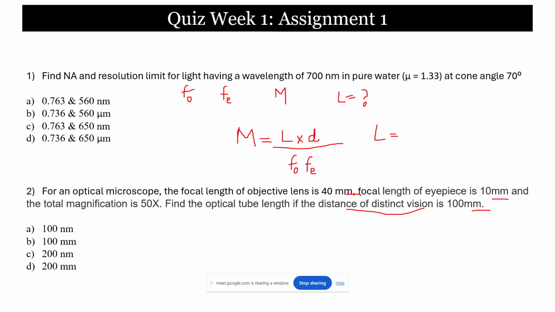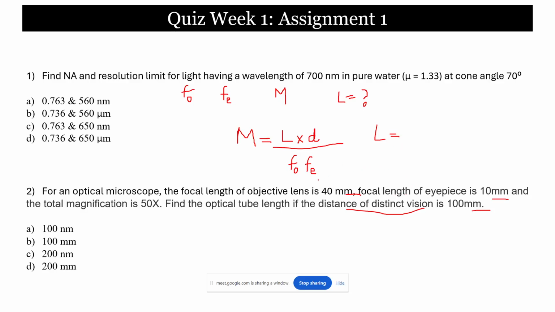So let us calculate the value of L. It will be just 50 into 40 into 10 divided by 100. That will come as 200.